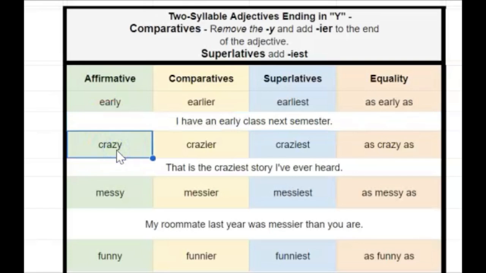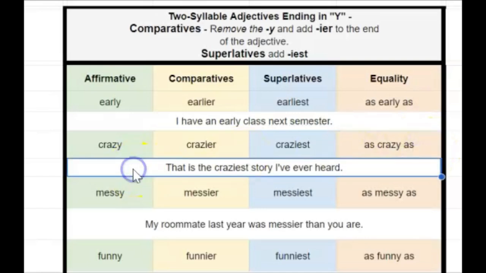The next adjective we have here is crazy. The comparative is crazier. Superlative is craziest. And the equality is as crazy as. The example sentence is, that is the craziest story I've ever heard.